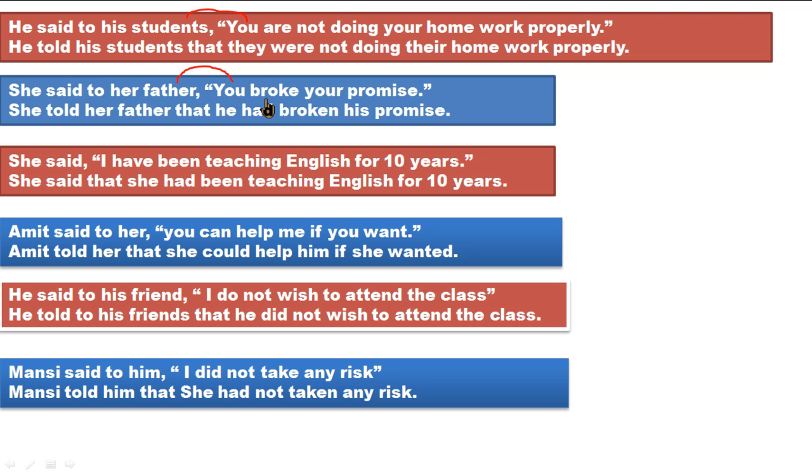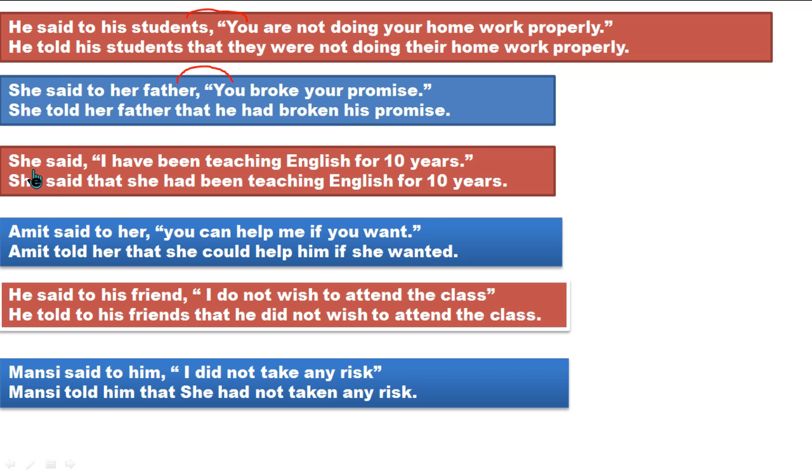You broke is a past tense. Past tense is changed into past perfect tense, had plus third form, so we wrote had. The third form of broke or break is broken. Your is the second person that is changed according to the object, so we wrote his promise.